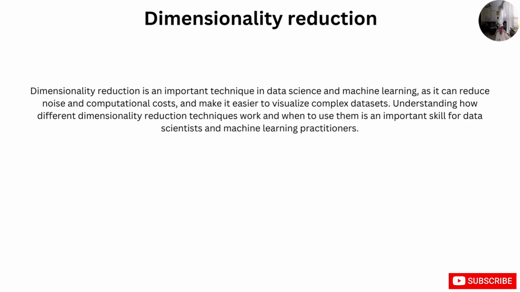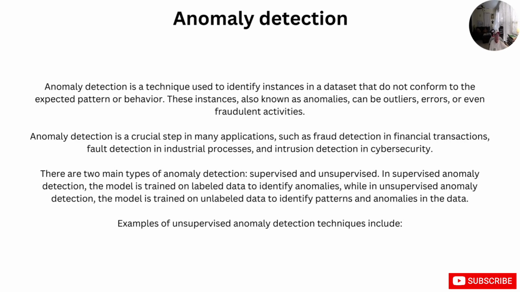Understanding how different dimensionality reduction techniques work and when to use them is an important skill for data scientists and machine learning practitioners. Anomaly detection is a technique used to identify instances in a data set that do not conform to the expected pattern or behavior.